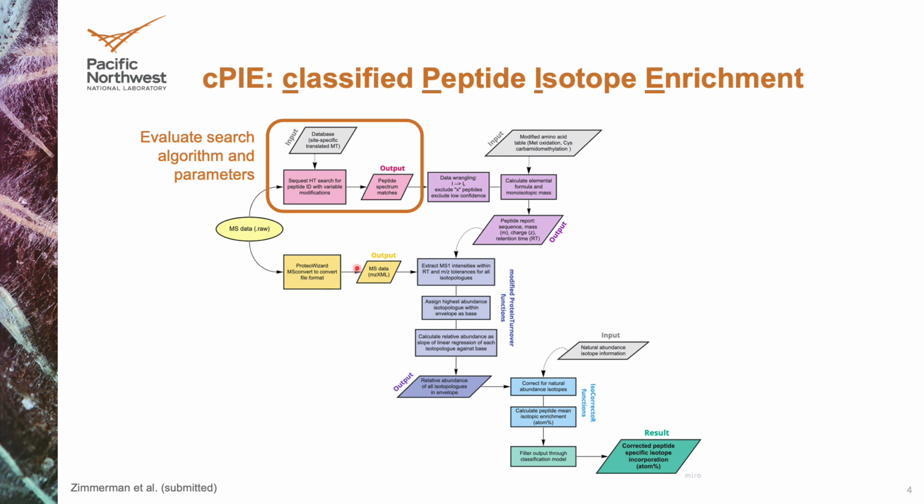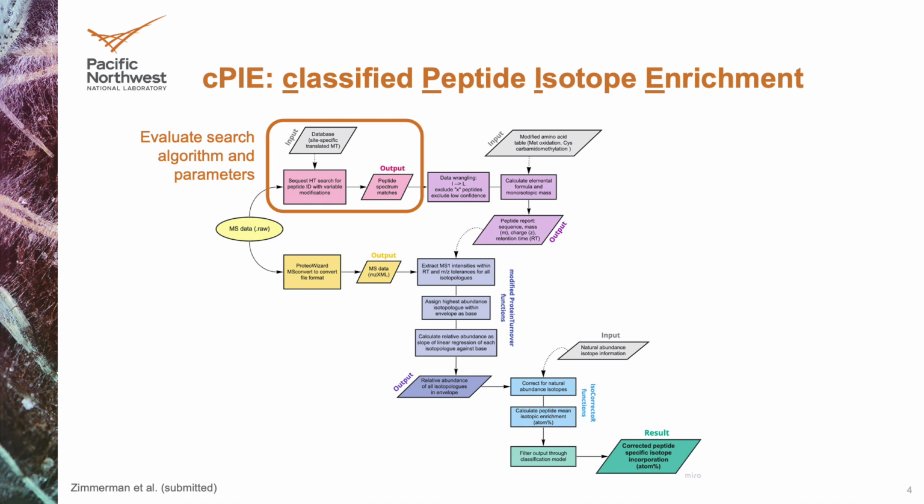For each peptide identified, the mass to charge values representing all possible isotopologues, that is from the completely unlabeled peptide to the fully 15N labeled peptide, are generated using the monoisotopic mass and combined with retention time to extract MS1 intensities and estimate isotopologue relative abundances. Relative abundances are then corrected for natural abundance isotopes using the R package isocorrector, and peptide mean isotopic enrichment is calculated as atom percent 15N.